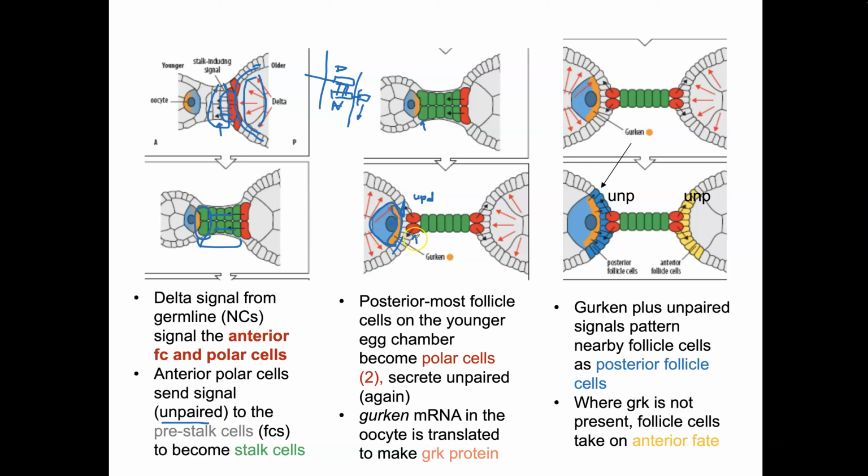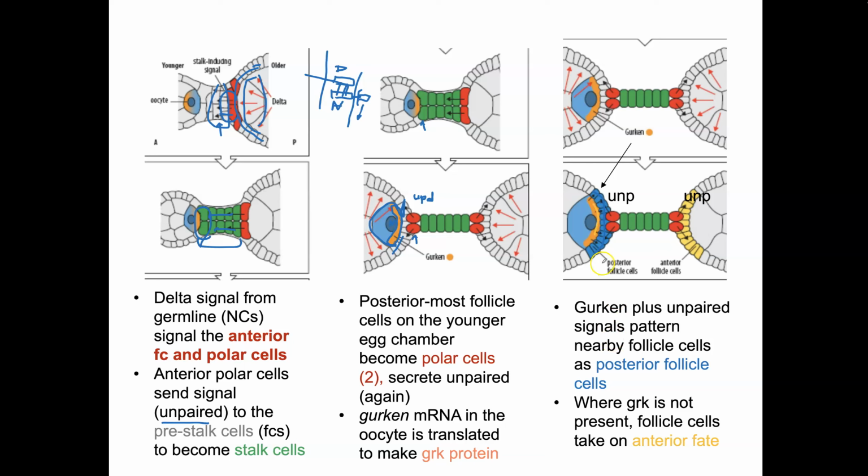And then when the Unpaired signal is received, that causes the Gurken messenger RNA to be translated in the oocyte. So now you have cells that have both Unpaired protein and Gurken protein.